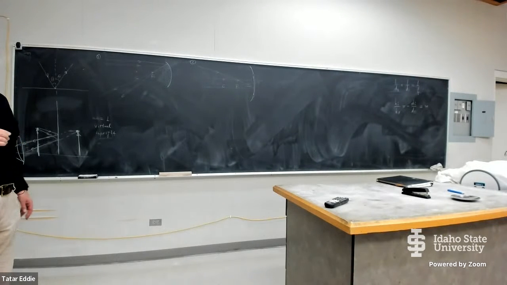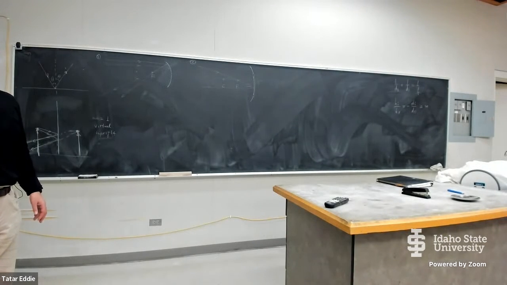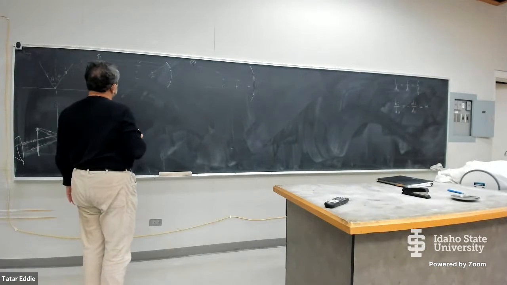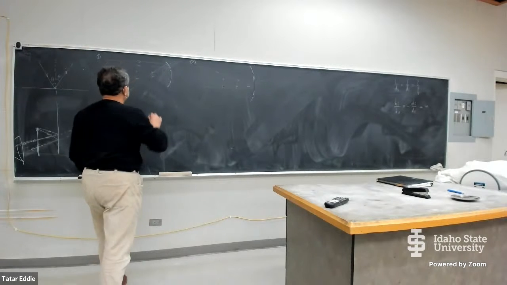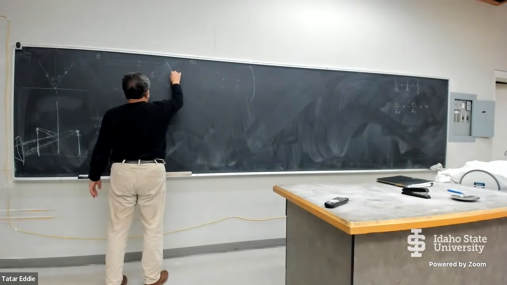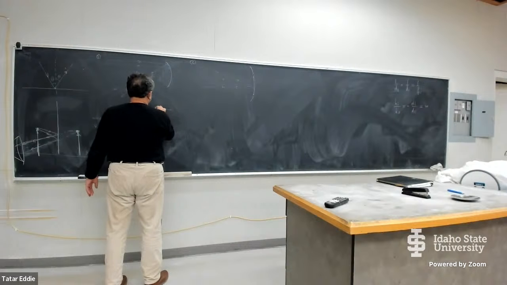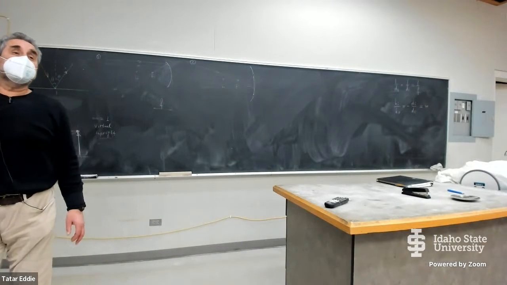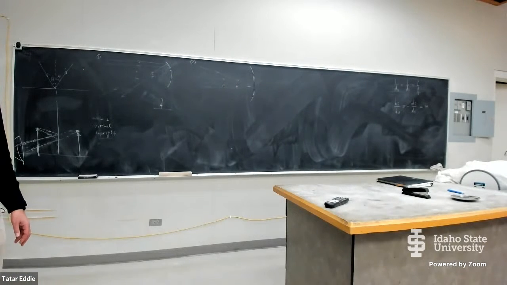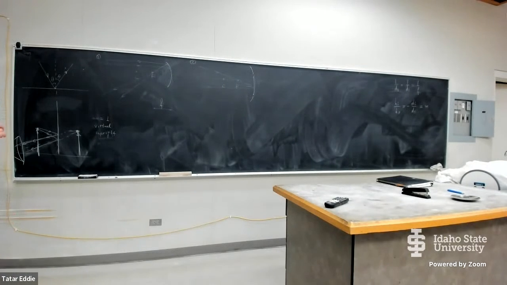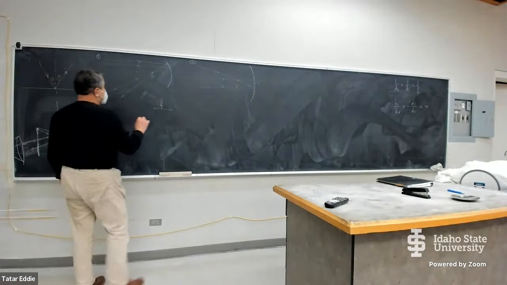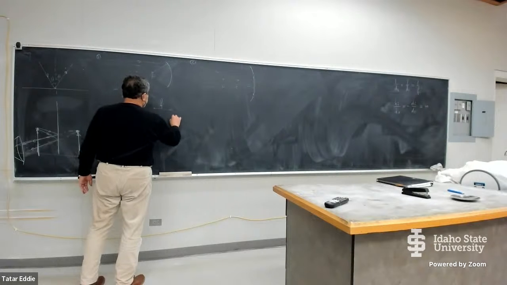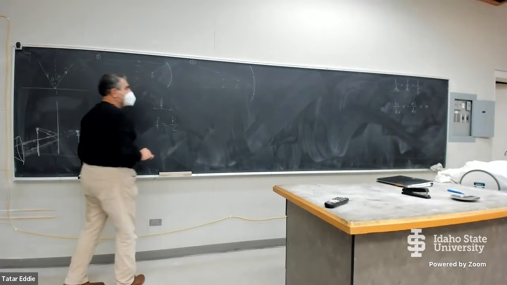So at this point, it is desirable to define some concepts. The distance between the focal point and the mirror is what we call the focal length of the mirror. And for a spherical mirror, the focal length is half of the radius of the sphere.